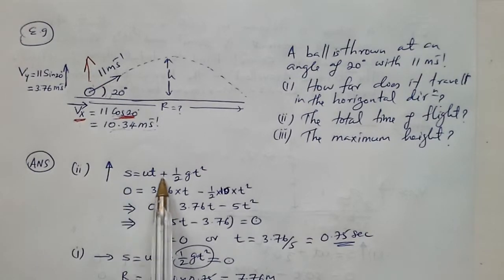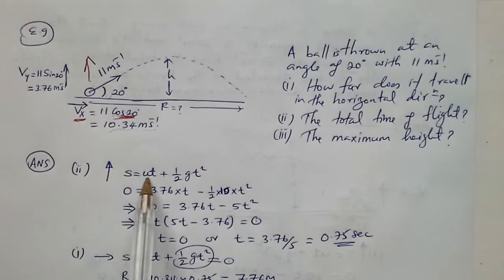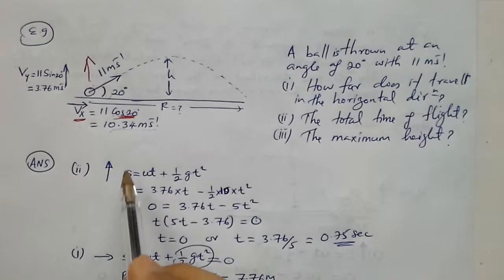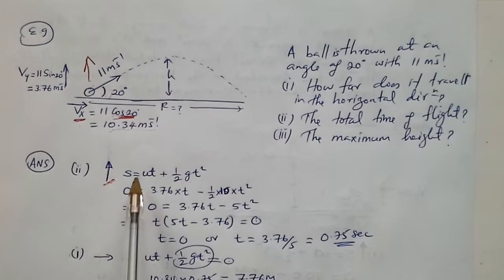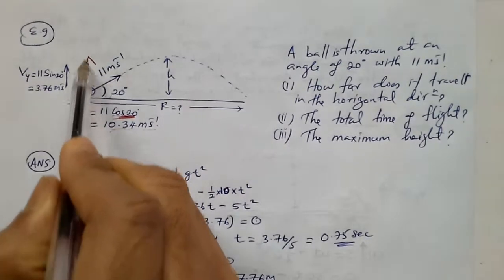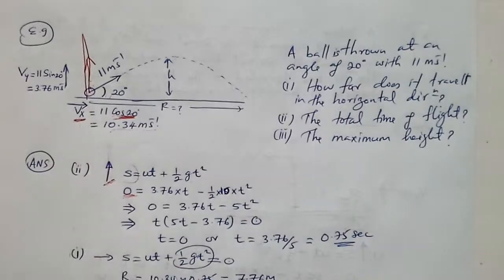I need to find the total time of flight. So I'll use s equals ut plus half gt squared in the vertical direction. As I explained in the earlier video, for the total journey, it goes up and comes back to the same point, so I can say that the total displacement is 0.